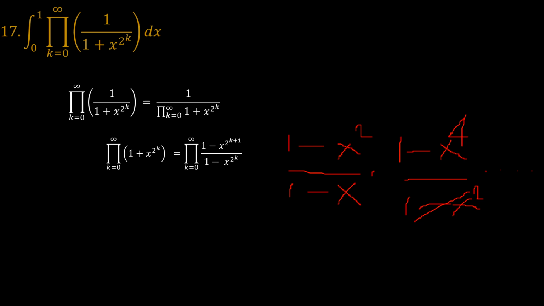You realize this value cancels, and this would cancel with the next denominator here. So essentially you are left with, as shown there, 1 over 1 minus x for the denominator.